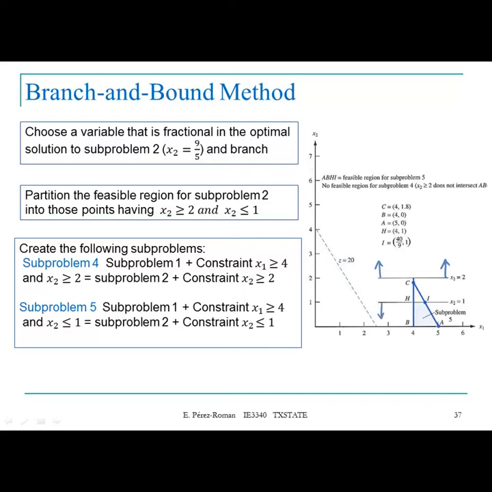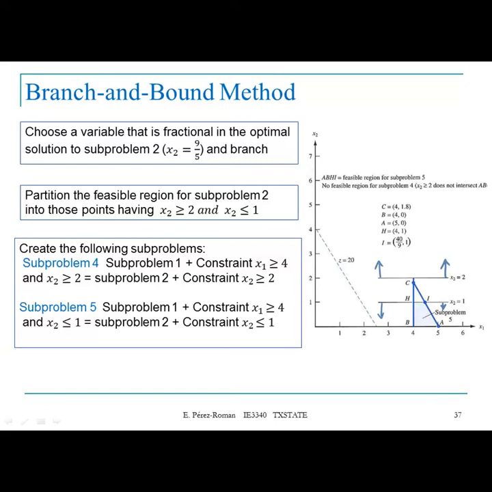And then you have this second constraint that goes down. That defines subproblem 4 will be here, and subproblem 5 will be in here, this small area inside the triangle. So you're talking just about the feasible region for the new partition for subproblem 2.